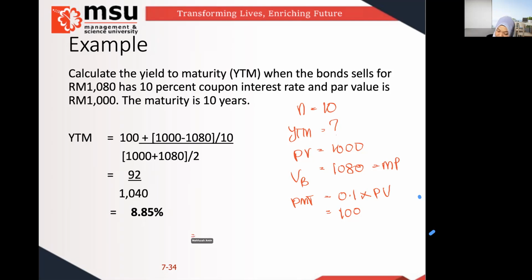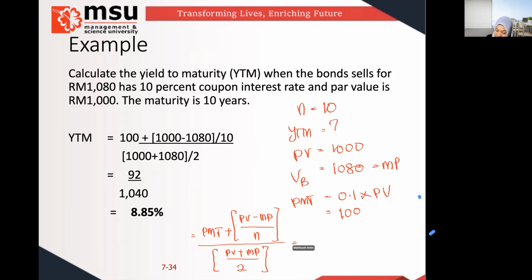The formula is payment plus par value minus market price divided by N. So this answer we divide with the answer of par value plus market price divided by 2.